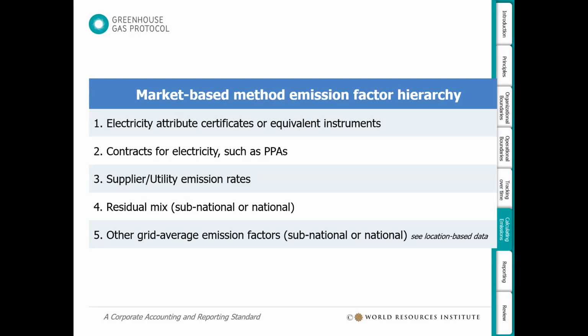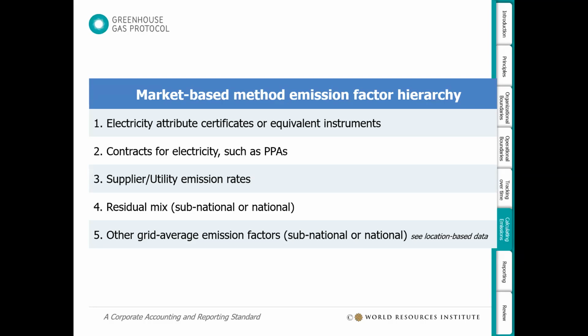So it's not indicating that companies should preferentially source power from a PPA instead of sourcing electricity certificates or RECs. Okay, so this is basically a hierarchy intended to convey information about the relative accuracy of different emission factors.